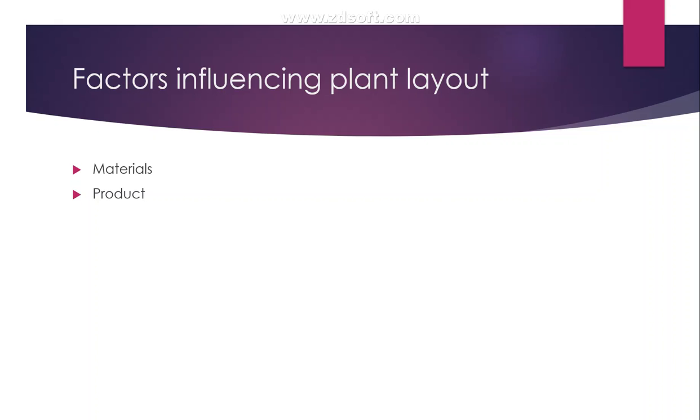Depending upon such elements, the plant layout has to be designed. So it is very essential that the plant layout should be planned after bearing in mind the particular handling or moving of equipment in a manufacturing process.